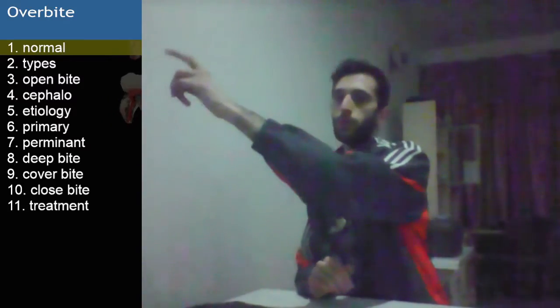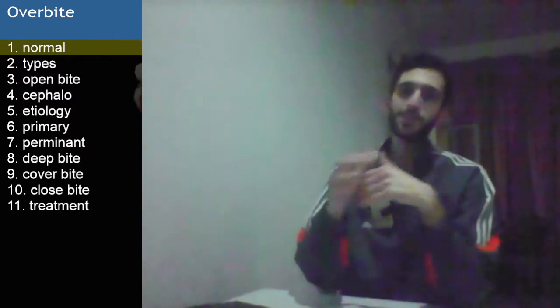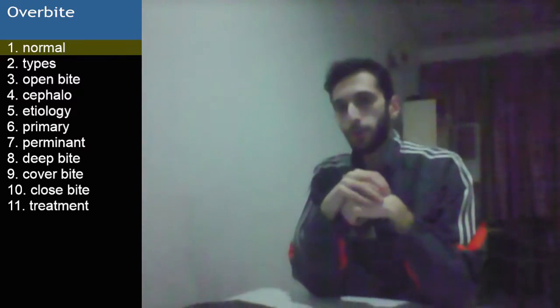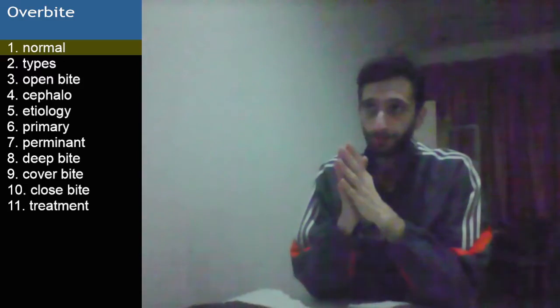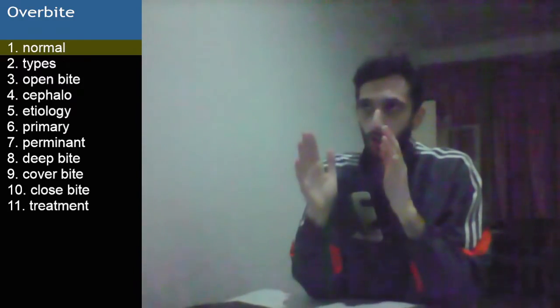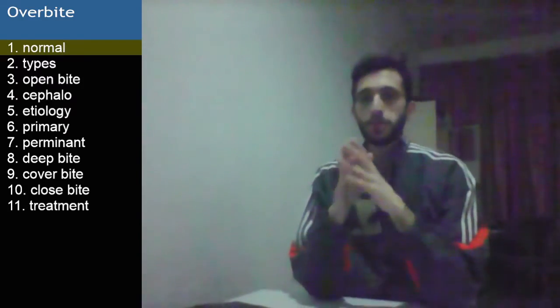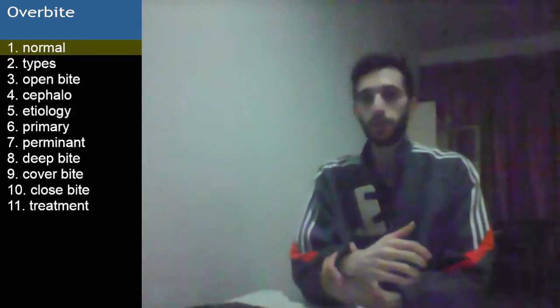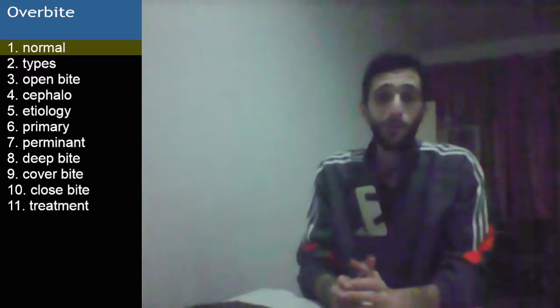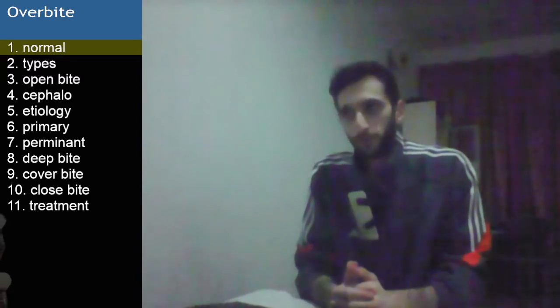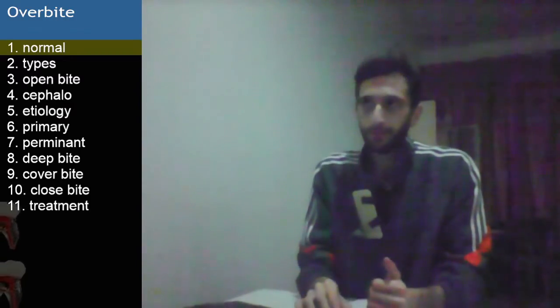But if it gives more than 1/3 of the mandibular crown, central incisors, generally an incisor doesn't have to be central, it could be a lateral incisor too, this would be considered more than normal if it's more than a third of coverage.